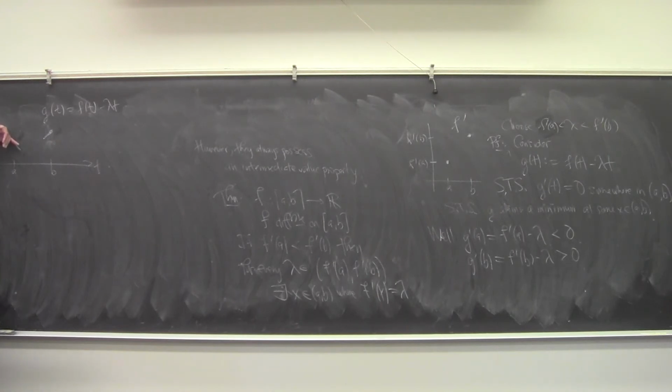Half of that slope is still a negative slope, so in some neighborhood here my function is decreasing, because I'm under a line of negative slope, so I can't have a minimum here. Over here, I'm going to trap it over a line of half of this slope, a line with positive slope. So I must be increasing this way, and so this could not be a minimum. So the minimums cannot occur at the endpoints.